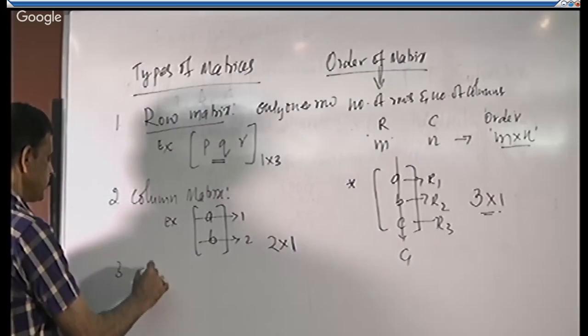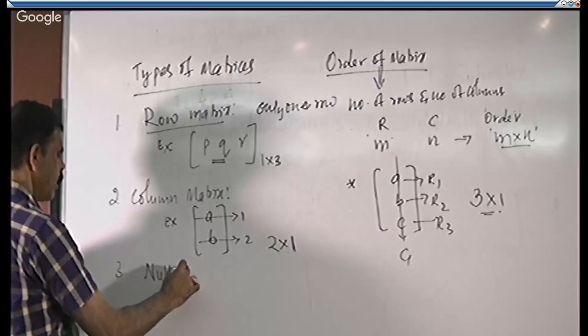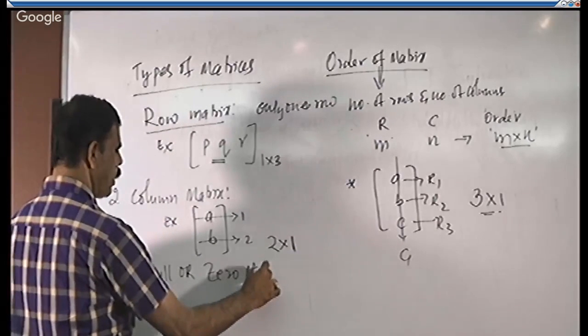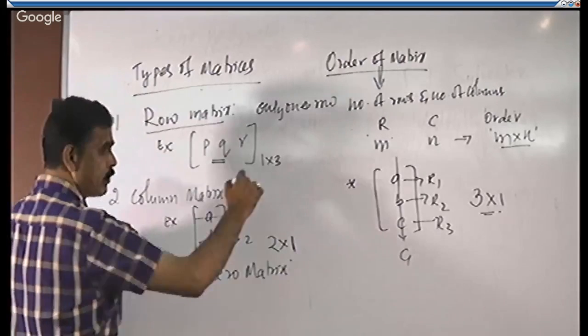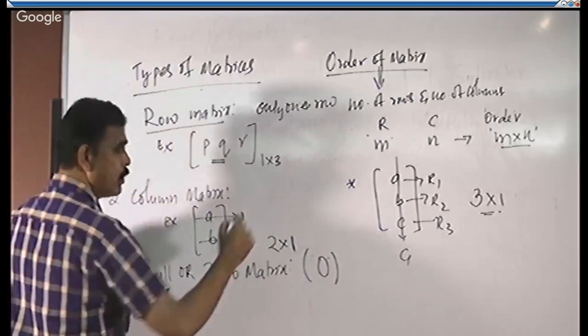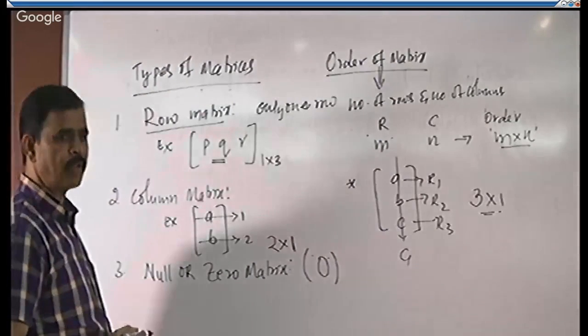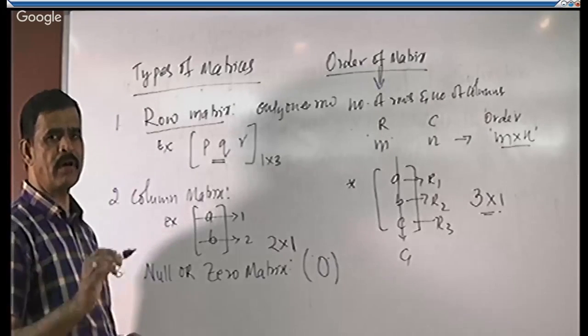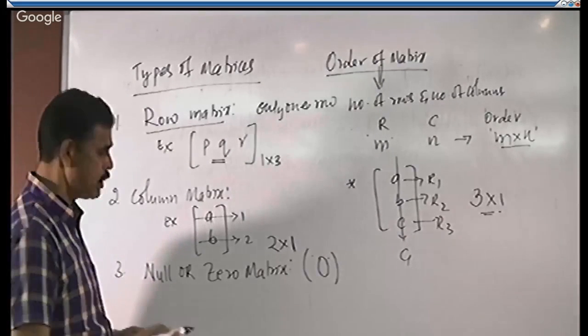Third one, null or zero matrix. It is always denoted by O. A null or zero matrix is a matrix in which all the elements are equal to zeros.